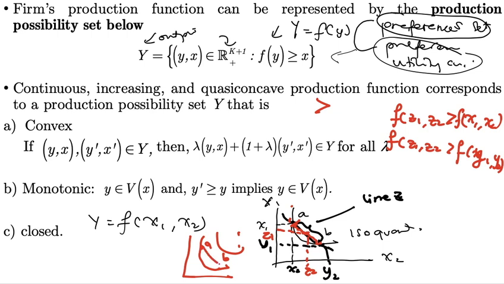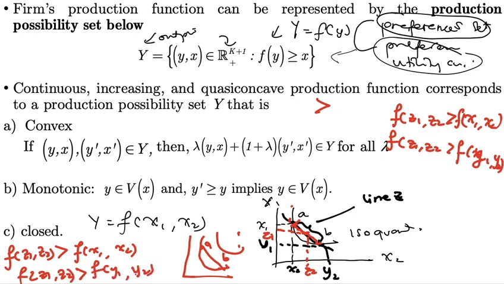So if we have a line here, when we say strictly convex, we're talking about strictly above the isoquant, okay, strictly above. Then we can have f(x1, x2) is actually, sorry, the sign is wrong, is actually less than f(z1, z2). Similarly, f(z1, z2) is actually preferred to f(y1, y2). That's convexity in the form of a graph.